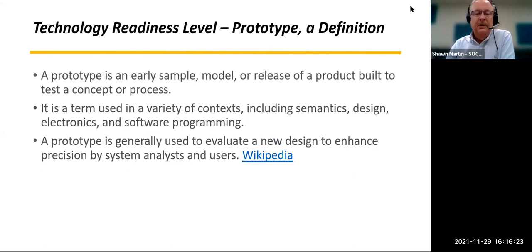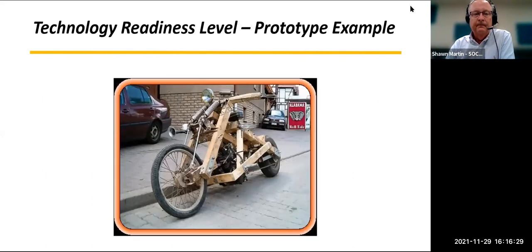And I know it's a bit of a nebulous definition, but just kind of going through this. So here's a quick example of what I consider to be a proof of concept prototype. And who knows, it may not be. This may have been the end game of whoever designed this and put it together just as a fun little thing to run around with.